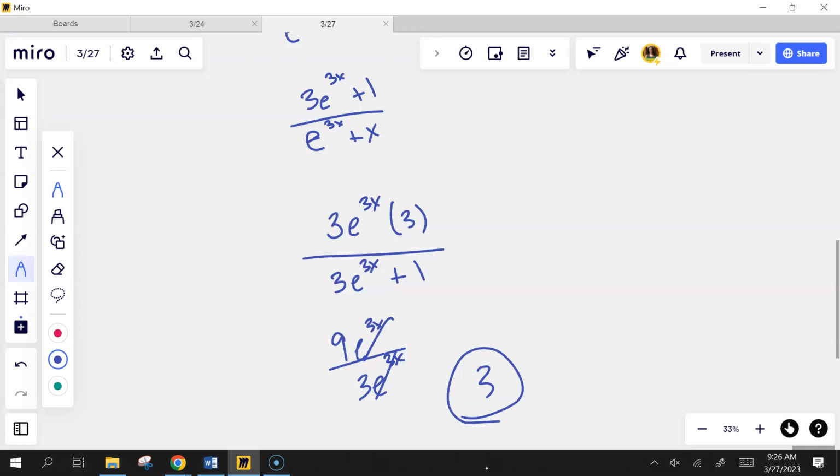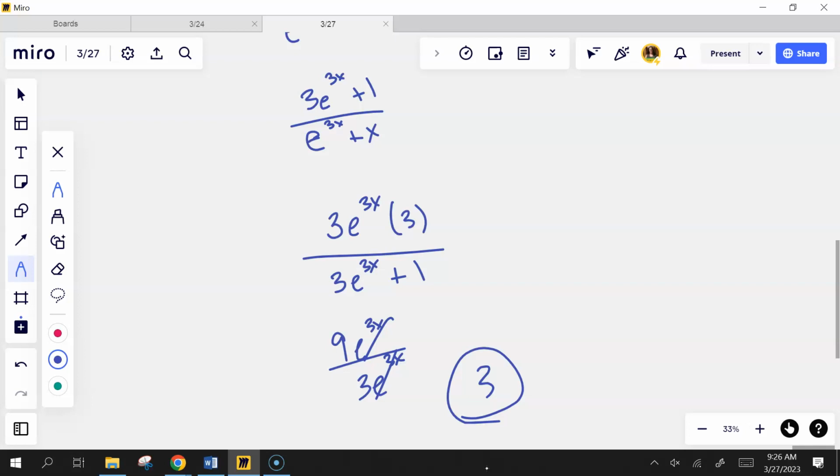So I just L'Hopital it twice. When in doubt, L'Hopital, especially on limits.